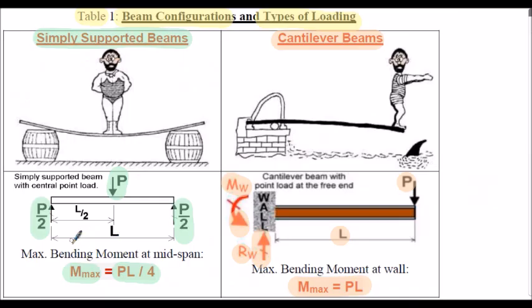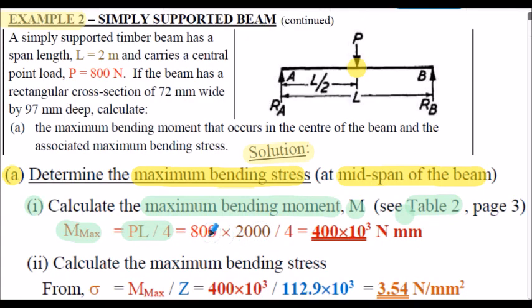Here's the formula from the previous slide for ease of reference. P in this case is 800 newtons. The length of the beam is 2 meters or 2000 millimeters. So evaluating, the maximum bending moment is 400 times 10 to the 3 newton millimeters.